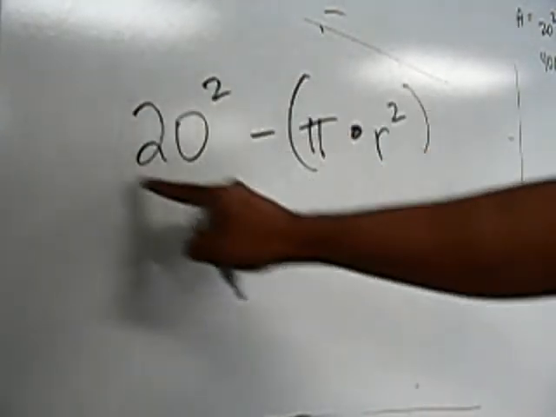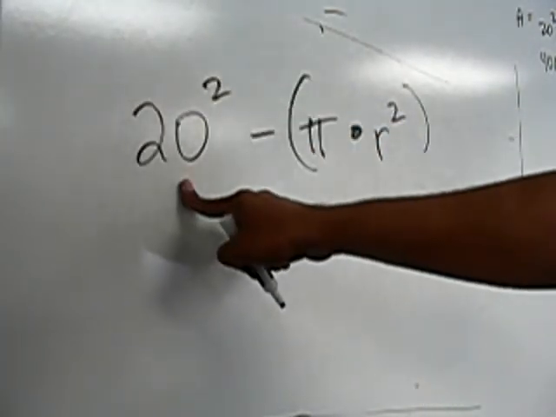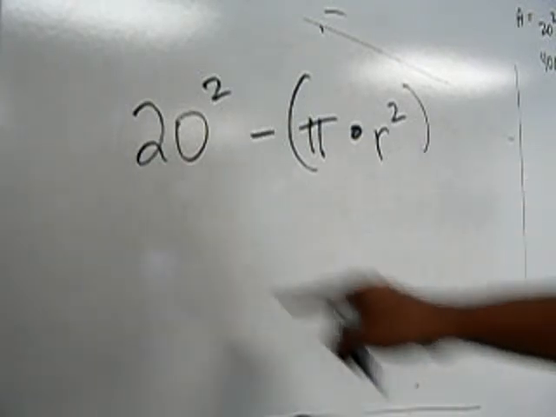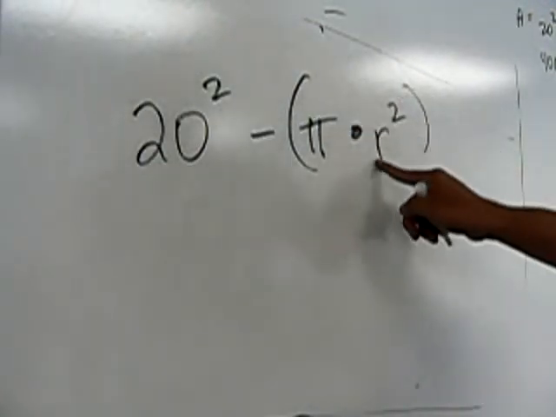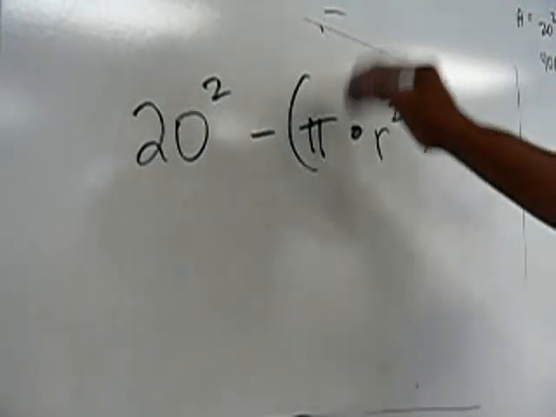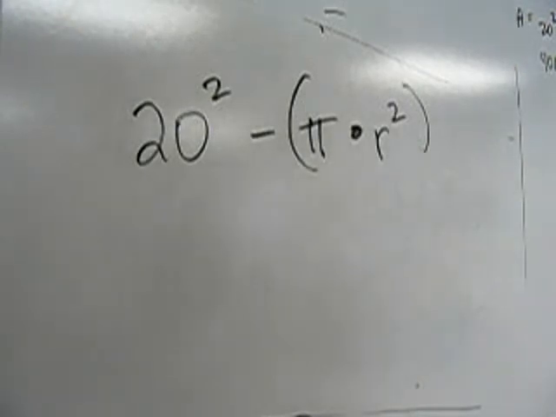Because this right here, 20 to the second power, would represent the area of the square that we started with. This right here, pi times radius squared, is the area of the circle. Just make sure that everything's closed within parentheses just to keep everything nice and neat and avoid confusion.